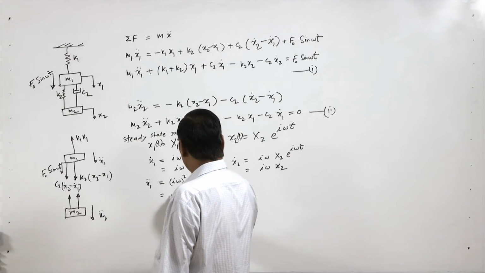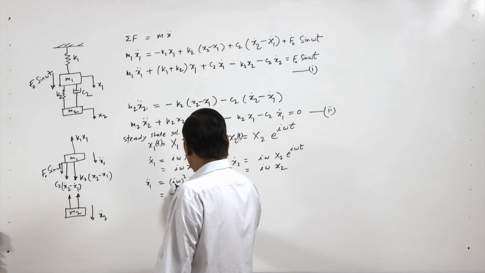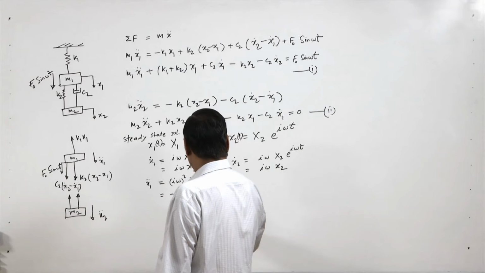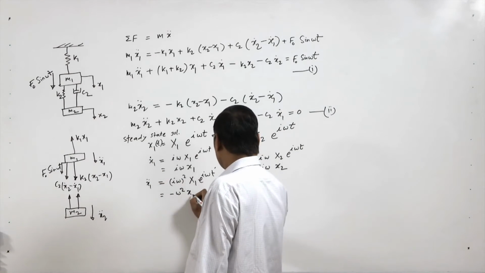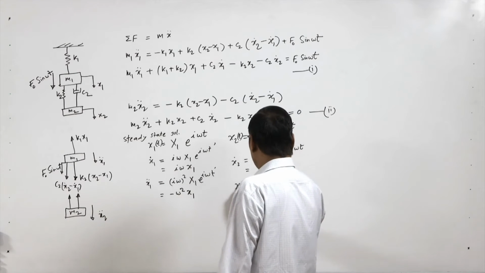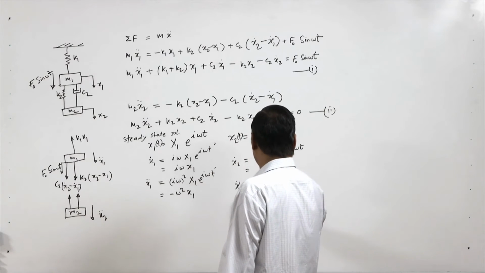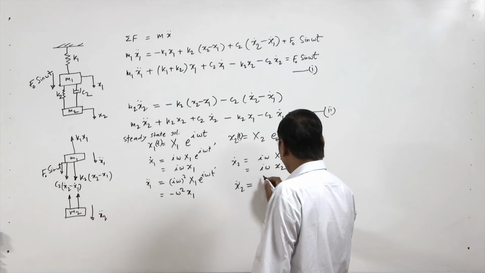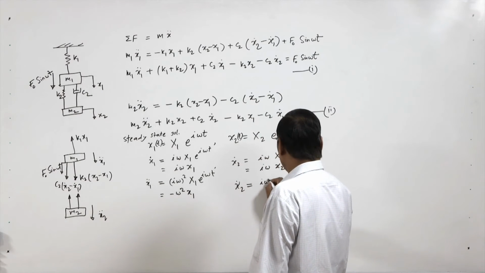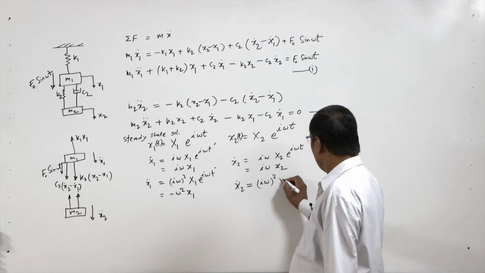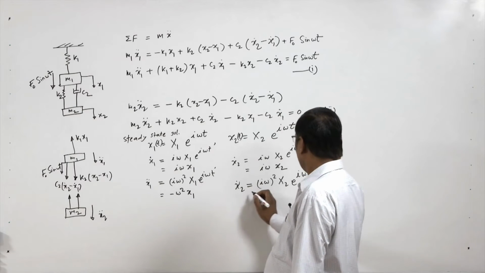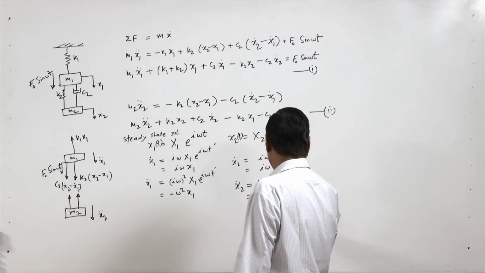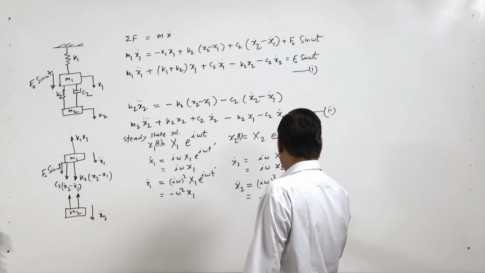So we can write minus omega square X1, and similarly x2 double dot equal to (i omega) square into X2 e power i omega t, so minus omega square X2.